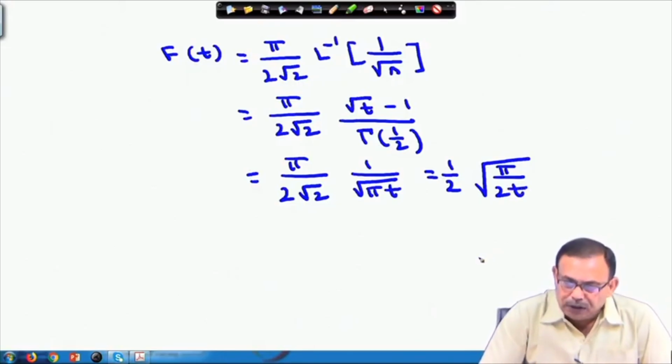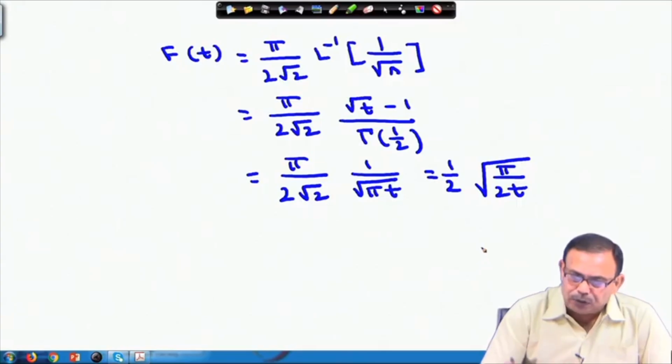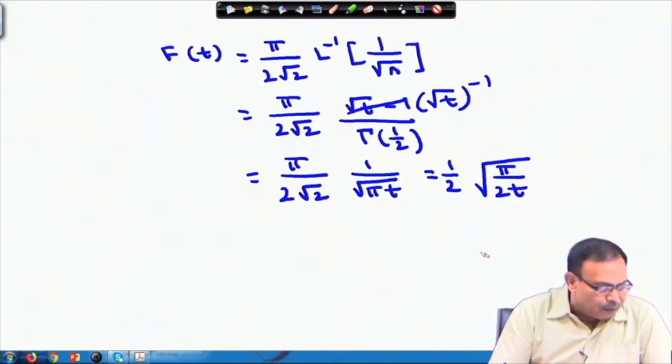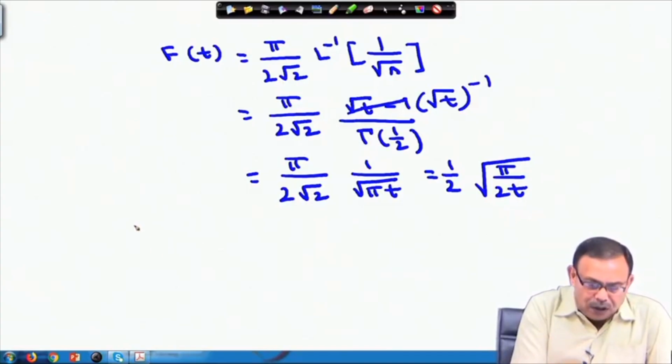Actually, this will be t to the power minus 1 by 2, so that it will become 1 by root pi t. So, once I am obtaining f(t) equals this, now put t equals 1.